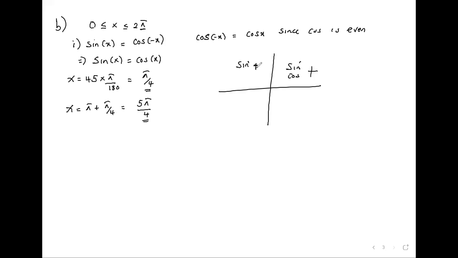Then here sine and cos, they are negative. Then here cos is positive. So we want where they have the same sign. They have the same sign like that.